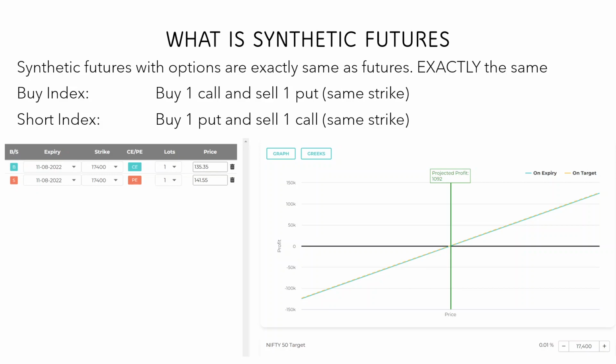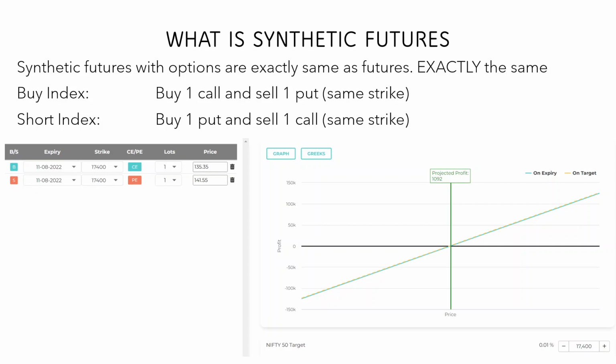But in options, I will be trading 17,300. You will be trading 17,400. Somebody else will be trading 17,500. So all these orders are spread across, and options have huge liquidity. The spread, bid and ask, is in paisa, 10 paisa, sometimes 20 paisa. So it's hugely liquid.